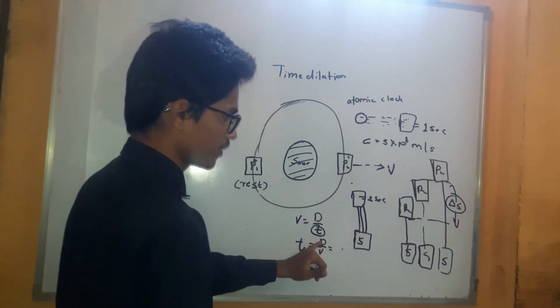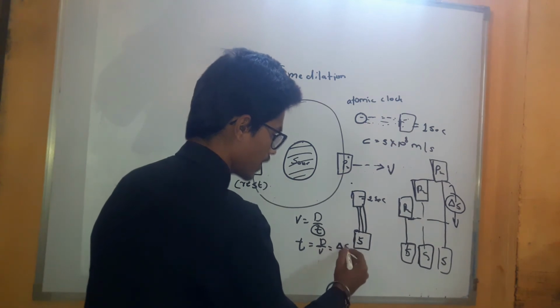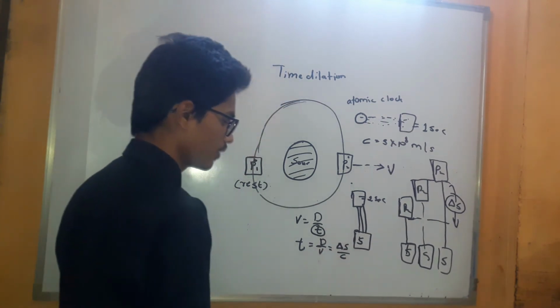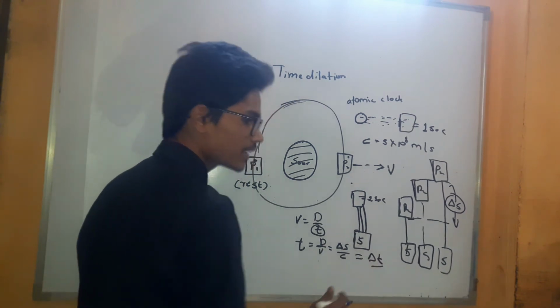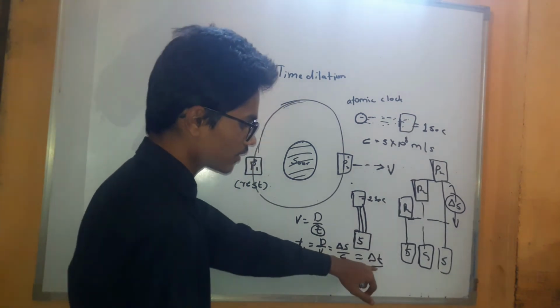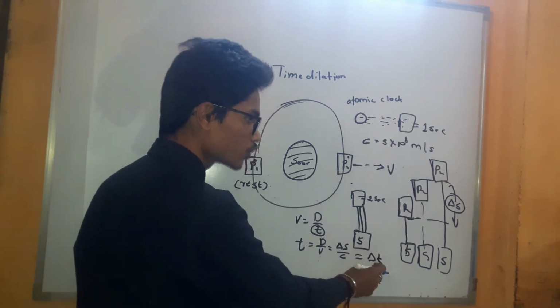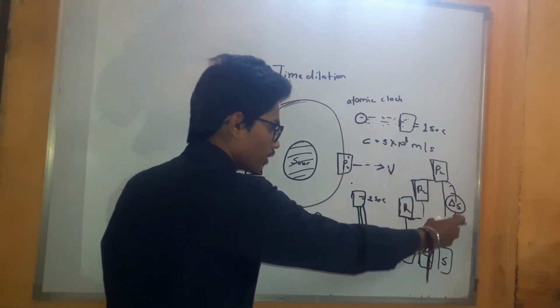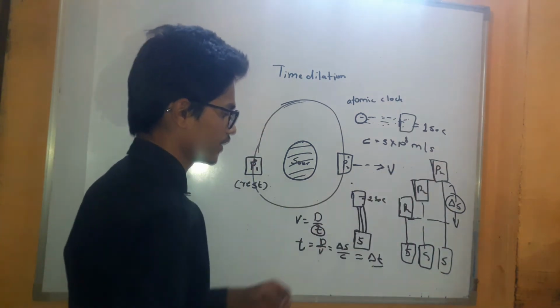Now in this equation we substitute delta s for distance, and c for v. So this becomes delta t. This is time dilation, the amount by which time slows down due to the velocity of planet P2 in a forward direction.